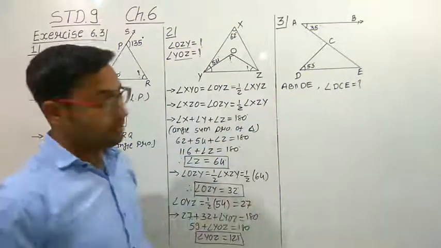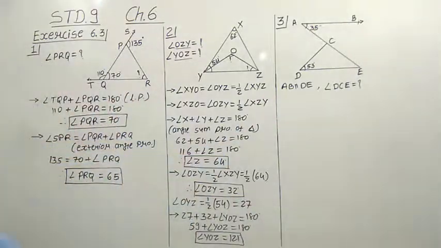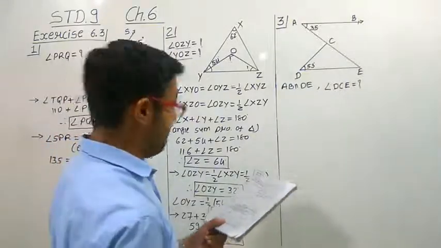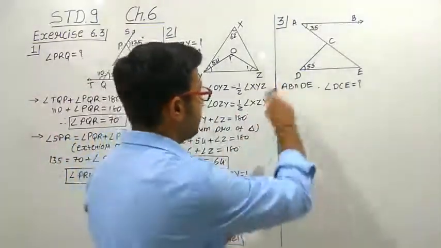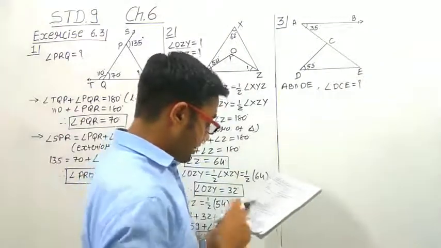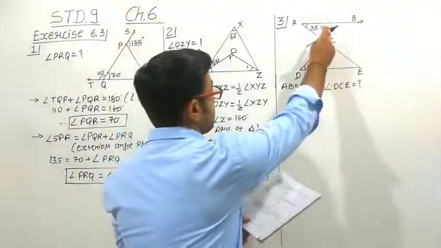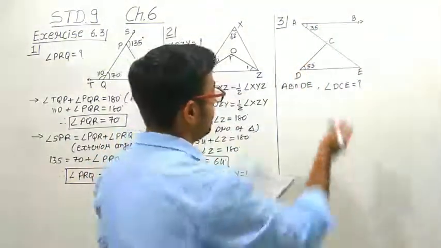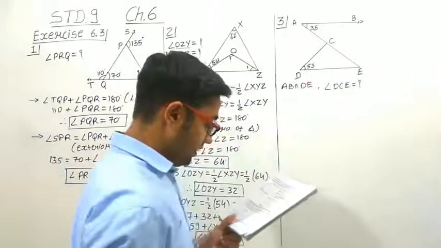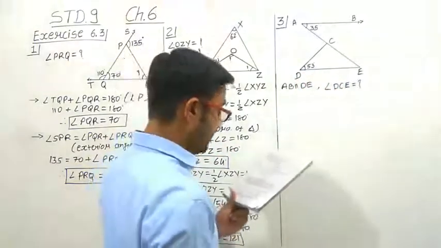Okay, let us study question number 3. In the given figure, AB is parallel to DE. Angle BAC is given, that is 35 degrees. Angle CDE is given, that is 53 degrees. We have to find the angle DCE.